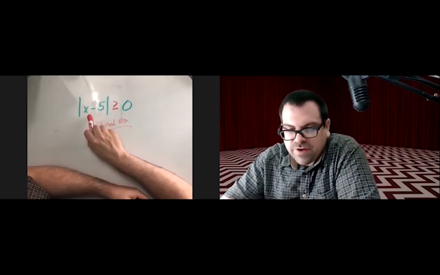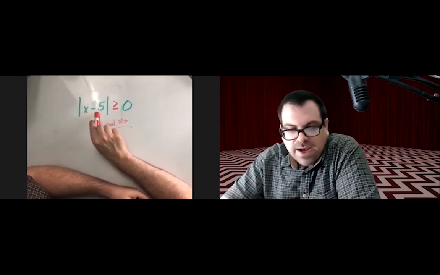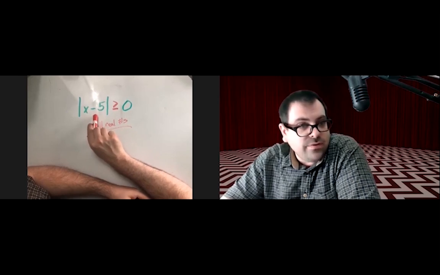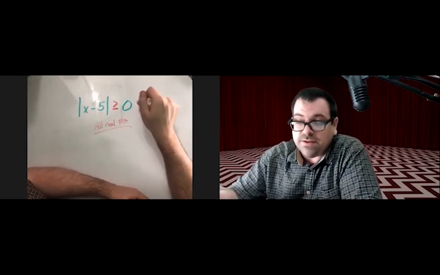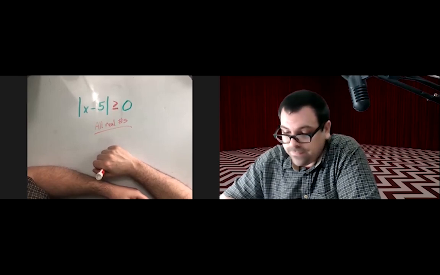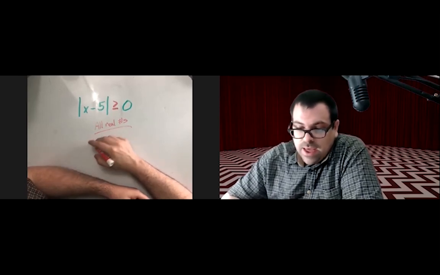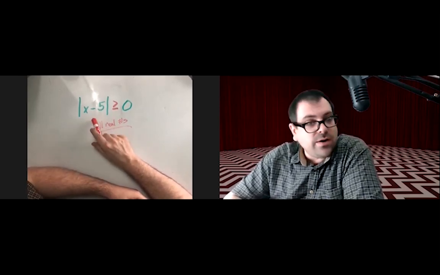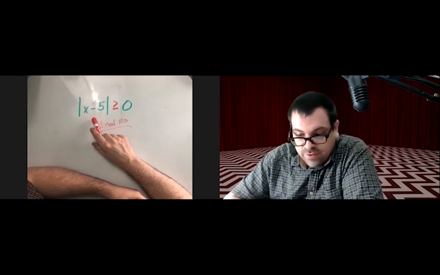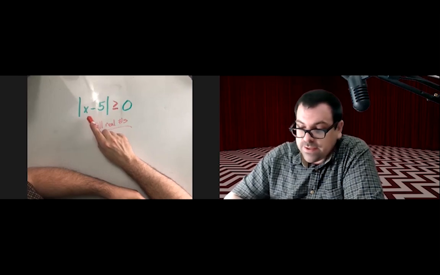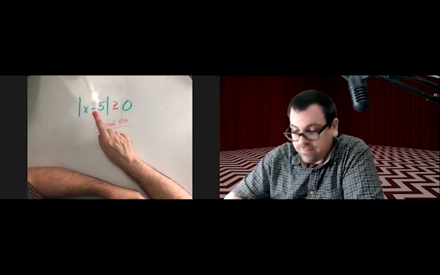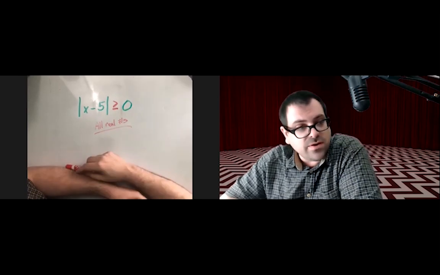If we put a negative number in, a negative number minus 5 is even more negative, but the absolute value is going to be positive, greater than or equal to 0. If we put in a positive number greater than 5, like 6, 6 minus 5 is positive. Absolute value of positive, greater than or equal to 0.